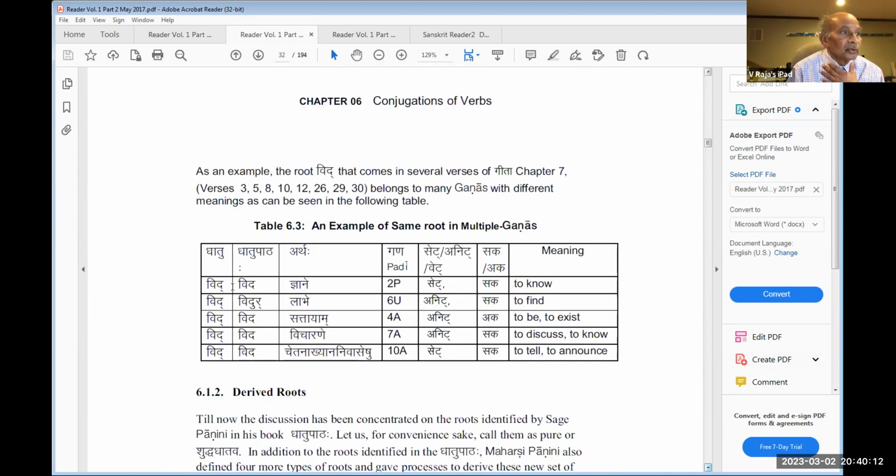If it is used in the second gana, parasmaipadi, it takes the object, anit. It is used in the meaning of to know, but the same root in the meaning of labhe, to obtain, to find, is used in the sixth gana, ubhayapadi.